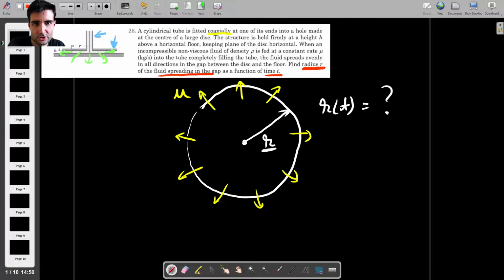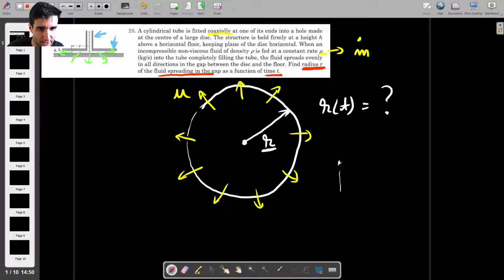We're given a mass flow rate, which is given to us as mu, but to avoid any confusion, I'm going to call this mass flow rate just m dot, which is a bit more common. Let's try to understand how the fluid flows out of that control volume, the space between the disk and the floor.